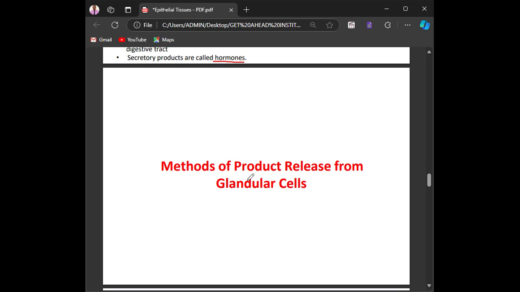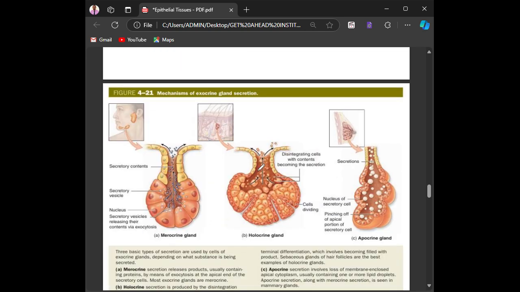Let's talk about the methods of product release by these glandular epithelial tissues.